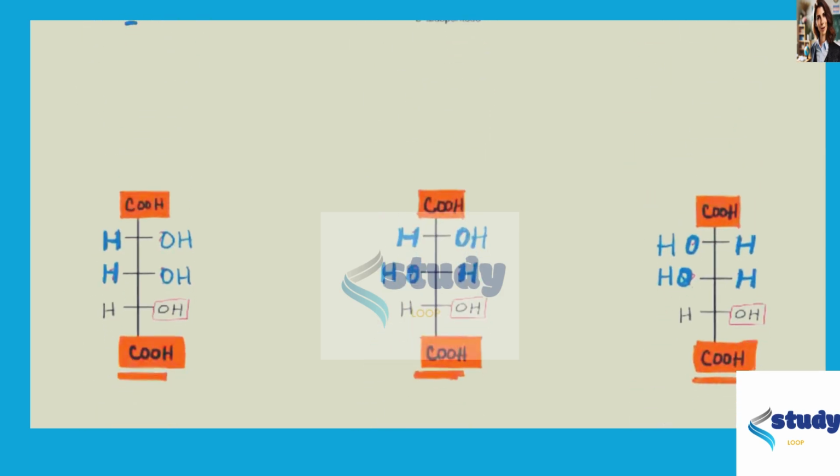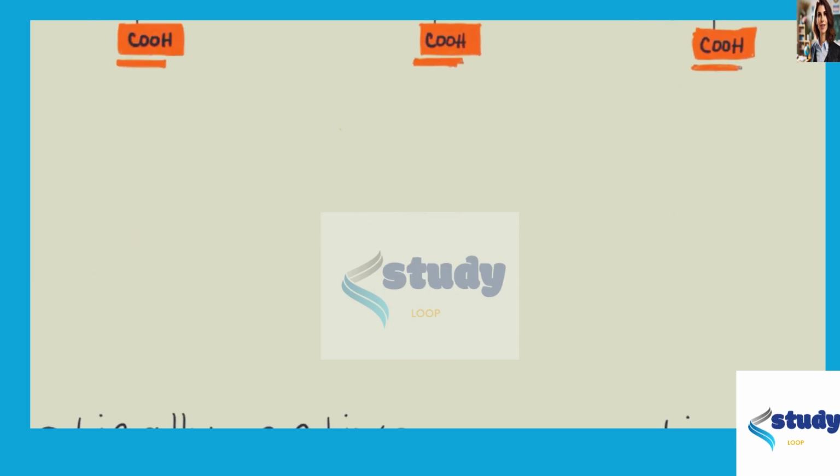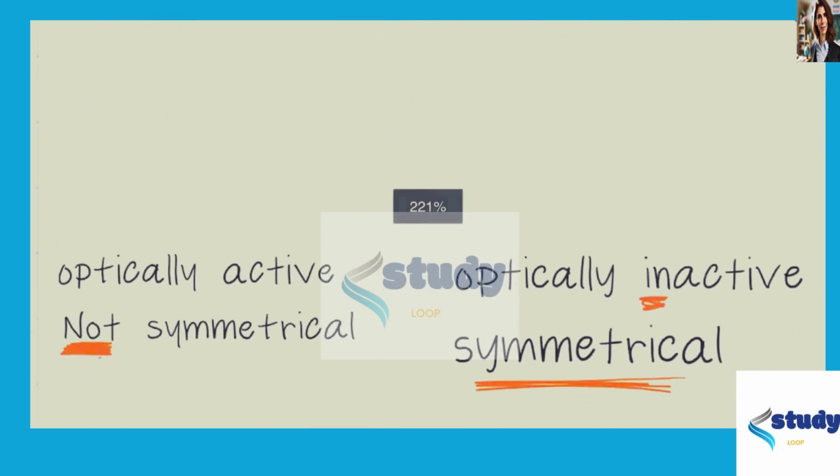So when this goes through oxidation and turns into an aldaric acid, we get something that looks like this. Now we need to figure out which one of these is optically inactive. Let's do a quick review of what it means to be optically inactive. To be inactive, we need to have symmetry.